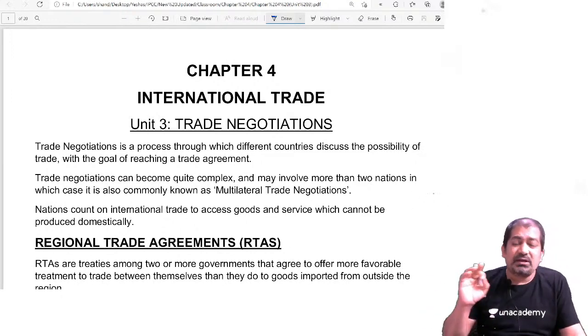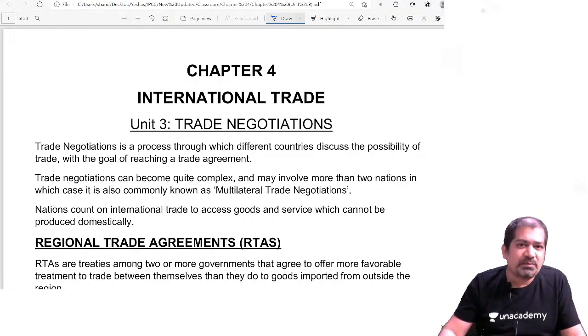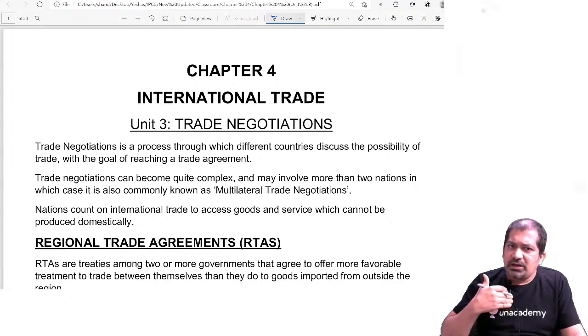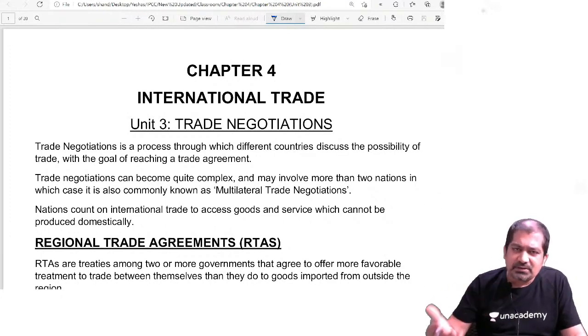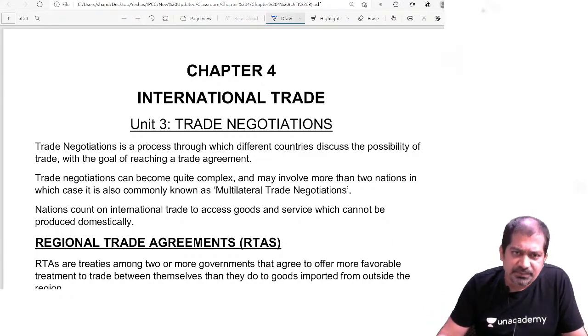But remember, in a globalized world, it is not only exports and imports that are happening. Globalization leads to the free flow of goods, services, knowledge, information, capital, technology, and human resources across the borders of a country.